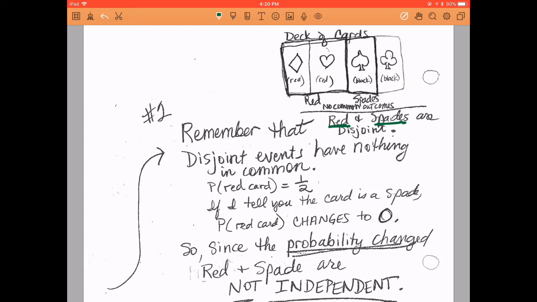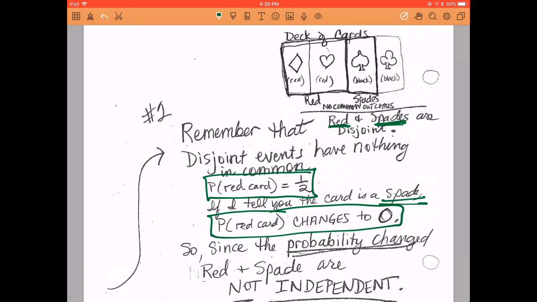So a red card and a spade are considered disjoint events. But listen to this. If I ask you the probability of a red card, you know the whole deck has half red cards. But I tell you, it's a spade. So the fact that I told you it's a spade changes the probability of it being a red card to 0.